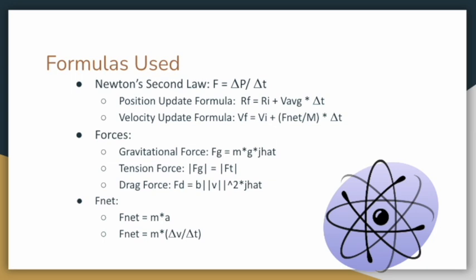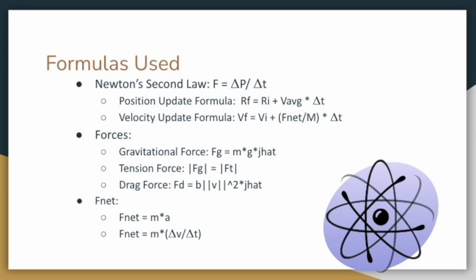For the formulas used, we used Newton's second law, which is that force is equal to the change in momentum over change in time. From this, we have the position update formula and the velocity update formula. For forces, gravitational force is equal to mg times j hat. The tension force is equal to the magnitude of gravitational force in this scenario, and then we have the equation for drag force.